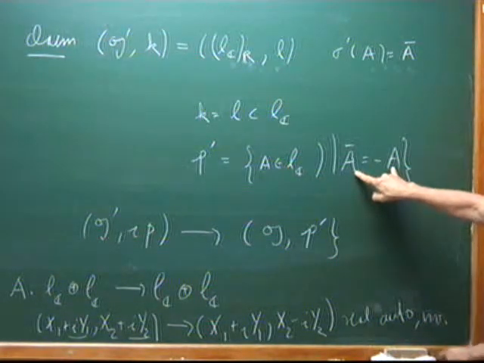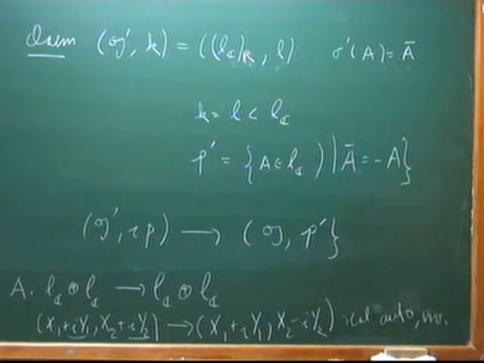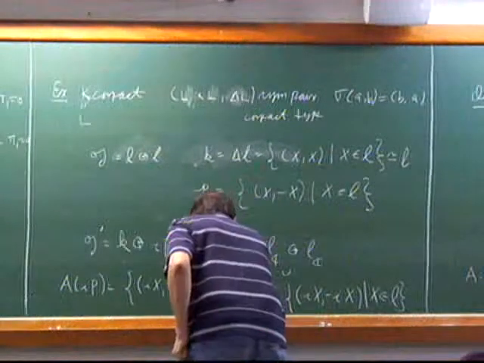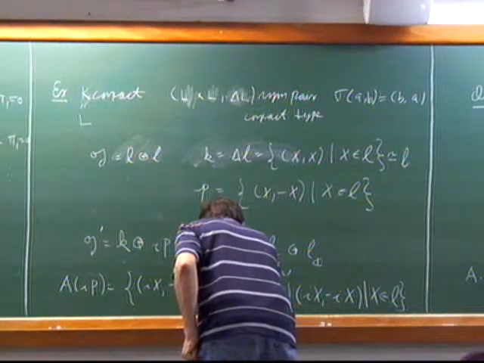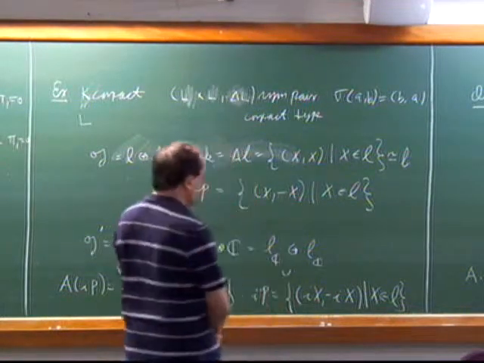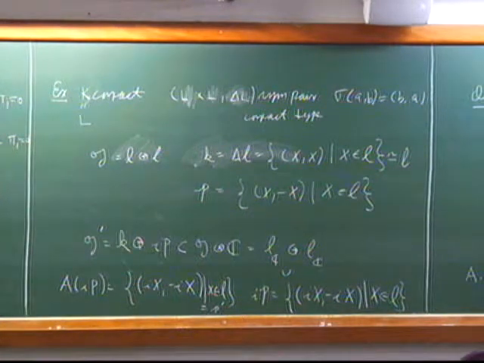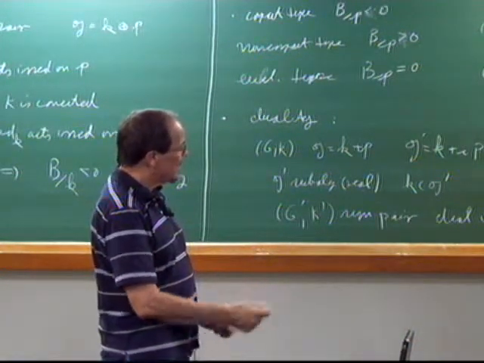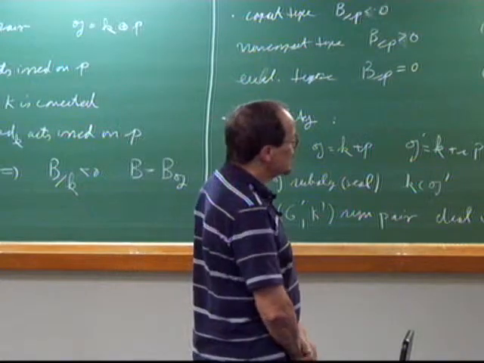Now this is precisely those where A bar is minus A. So that's P prime. So it's the same symmetric pair up to some automorphism. The automorphism is a little bit tricky. It's just like what we did last time for the Grassmannian. The dual pair wasn't what you expected on the nose, but we had to apply an automorphism to take one to the other.